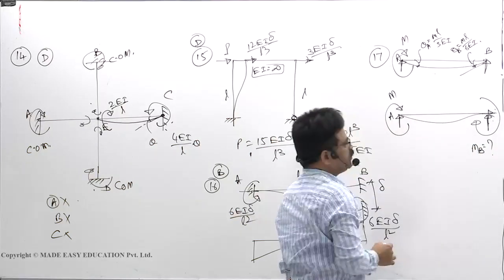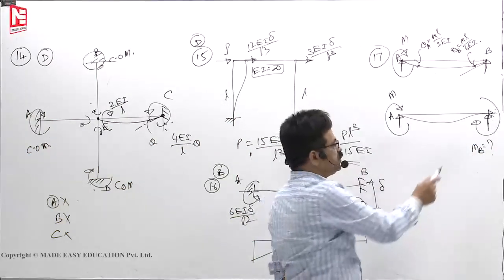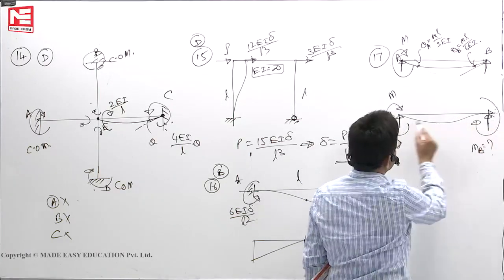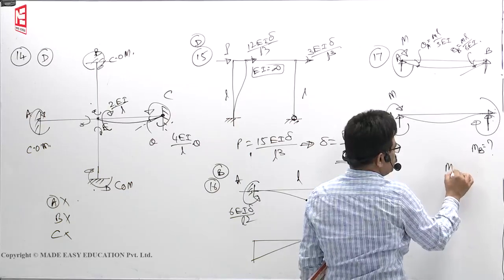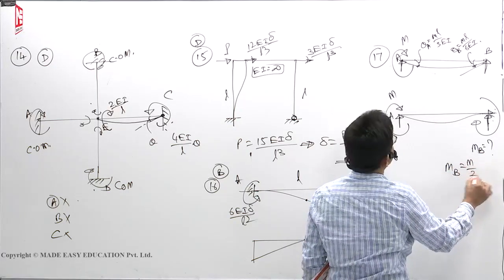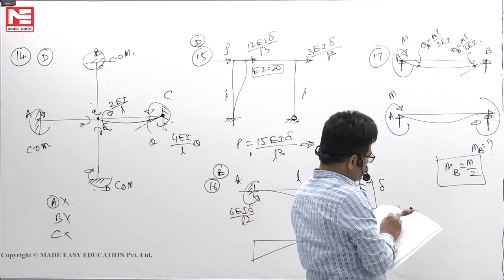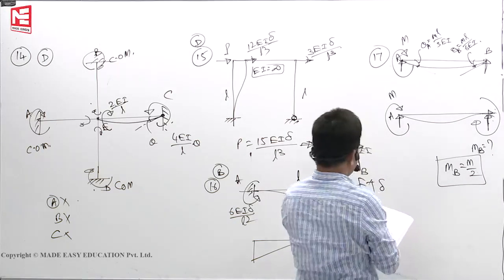How much do I have to apply so that the slope becomes 0? If you apply moment M, the slope becomes 0, and the deflection profile is like this. For it to become MB, how much do we know? M by 2. That's all. Half of the moment we have to apply. So right end 0 means M by 2.